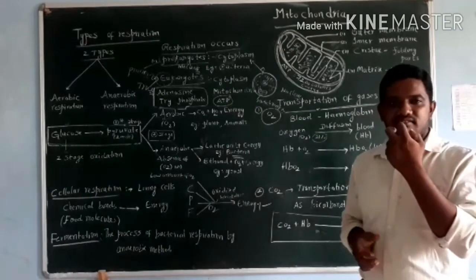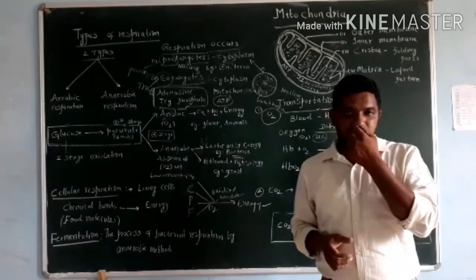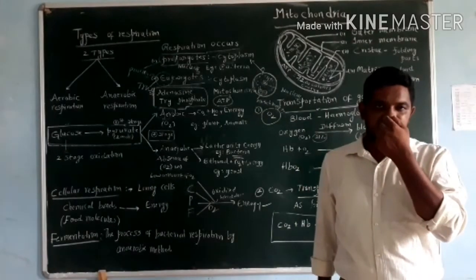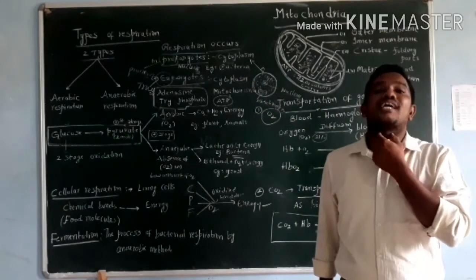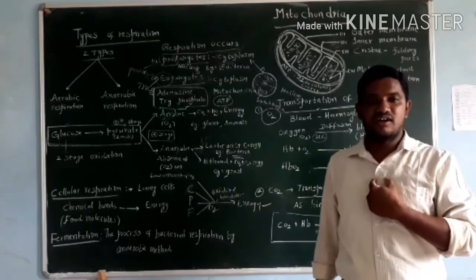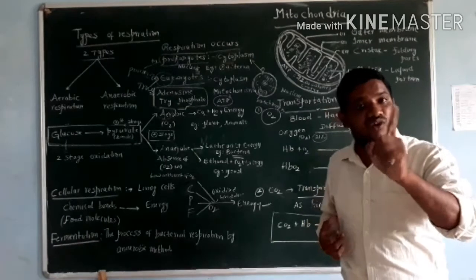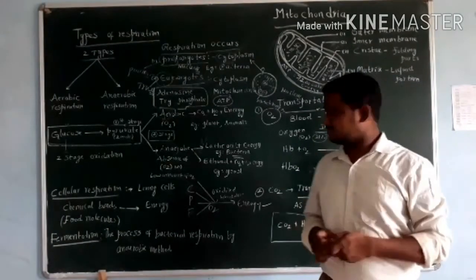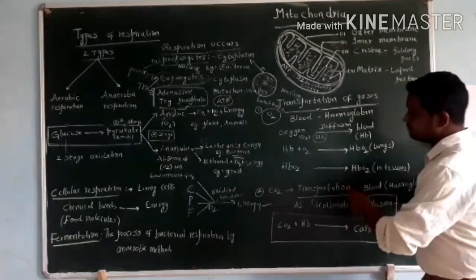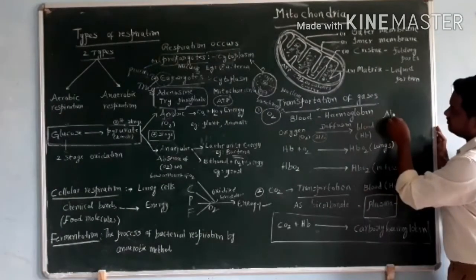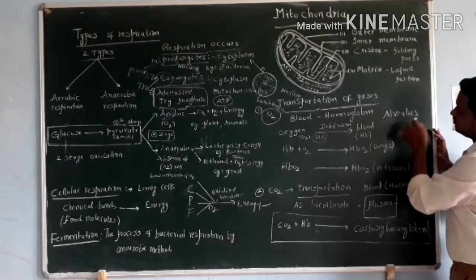Air enters through the nose, nostrils, pharynx, larynx, trachea, after that bronchus, bronchioles. After bronchioles, alveolus is present. Alveolus. See, I am writing here alveolus.